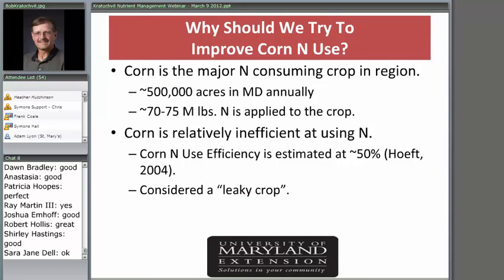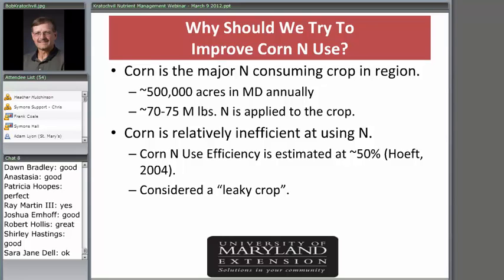Okay, why should we try to improve corn nitrogen use? Well, as we all know, corn is the major nitrogen consuming crop that we produce in the region. We produce about 500,000 acres on an annual basis. And if we supply about 140 pounds of nitrogen per acre to that crop, we're putting out between 70 and 75 million pounds in the state of Maryland.